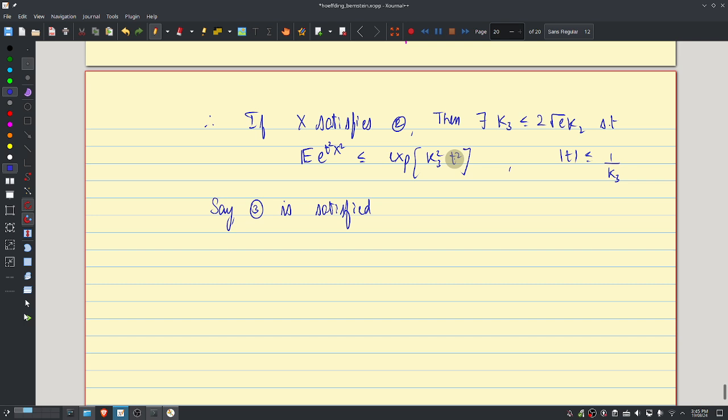So let's do some calculations. What I want is e raised to k3 square t square to be equal to 2, or k3 square t square should be equal to log 2, or t square to be equal to log 2 divided by k3 square. So t equal to root of that.